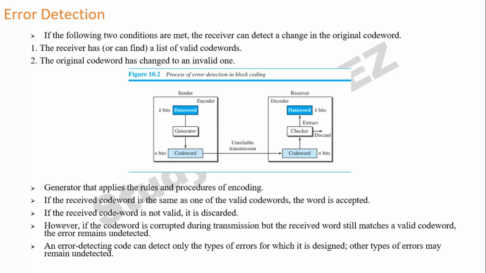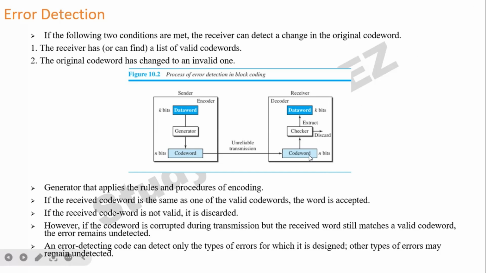So what is the process of error detecting in block coding? If you see here, the data word of k bits is passed to the generator. It will look into the relationship between the redundant bits and the data word, add the redundant bits to the data word, make the code word, and this is transmitted to the receiver.